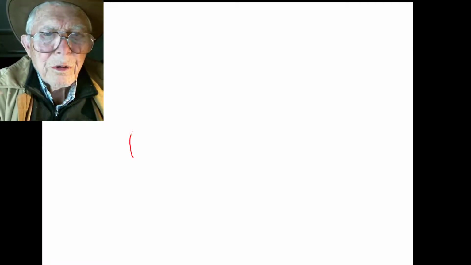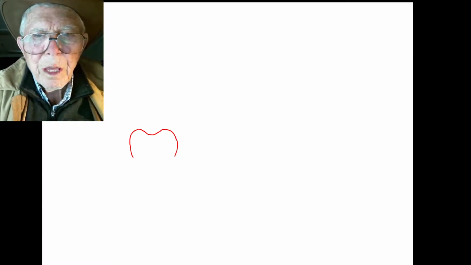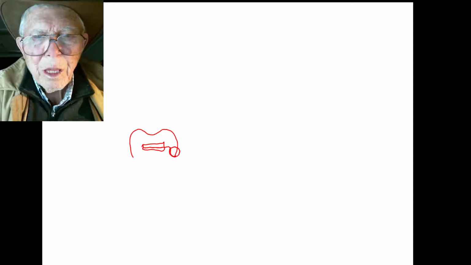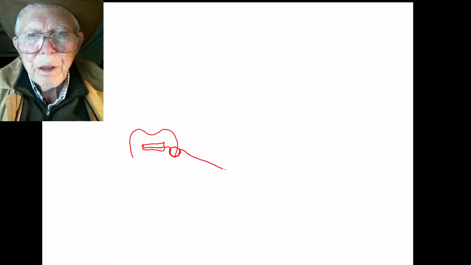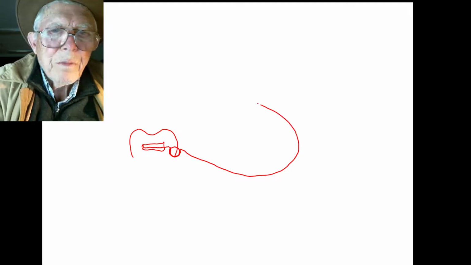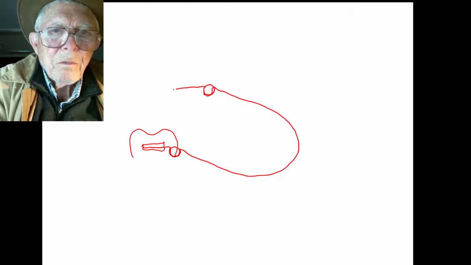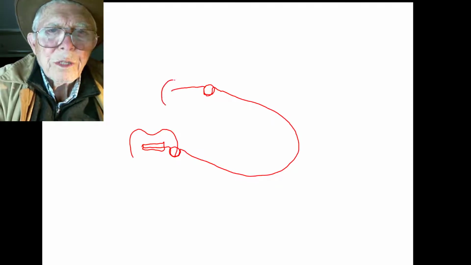Like you've got a molar sitting over here, and we've got this. I'm just going to leave the other archway out. We've got a little deal on here, and we come out of here, and we drop this and circle it, and then we come down around and come back up and drop it, circle it, and go into this molar over on the other side of the mouth.